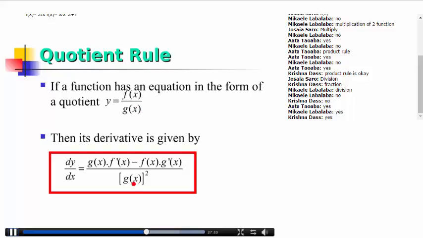So just remember that the denominator here will remain as it is for the first one. We always have fx in the numerator first, so we take the differential of fx first and we put gx as it is, and then we do minus fx times g dash of x, and then we have to take the square.